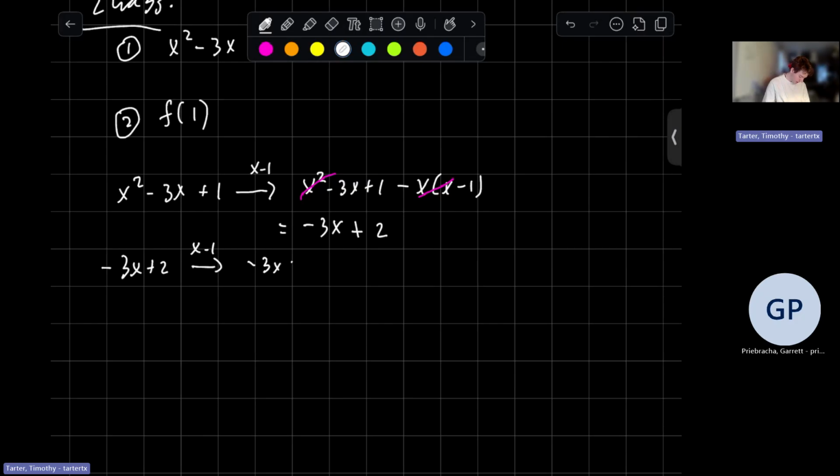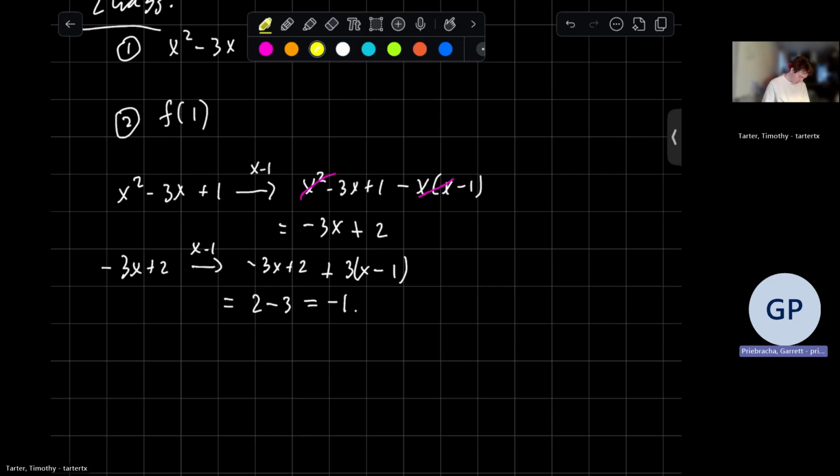We get negative 3x plus 2 plus 3 times x minus 1, which is equal to 2 minus 3, which is negative 1.